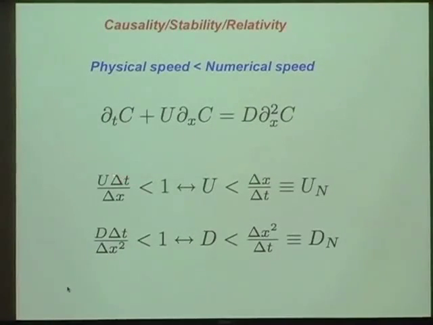Now rewrite this in a different form, bringing delta x and delta t to the other side: the physical speed u is less than delta x over delta t. But this is the numerical speed supported by your lattice. So it's really a principle of numerical relativity. There is a maximum velocity in the lattice which cannot be exceeded.